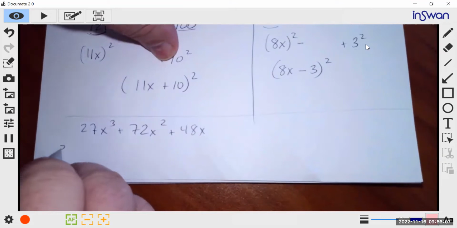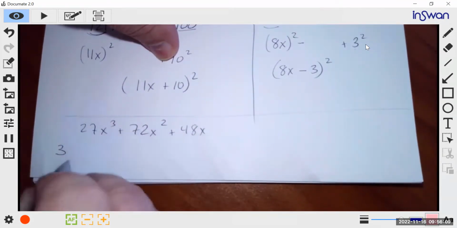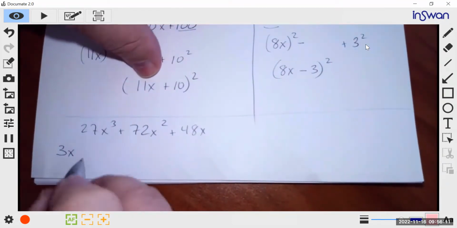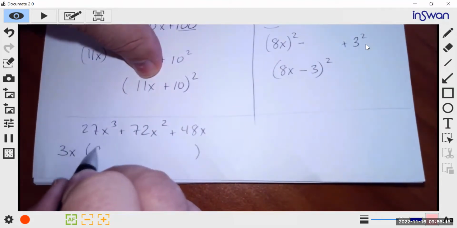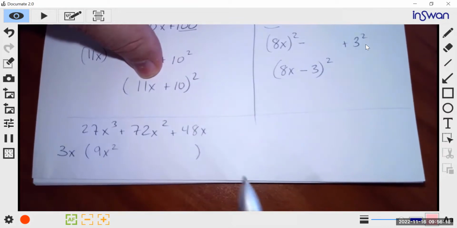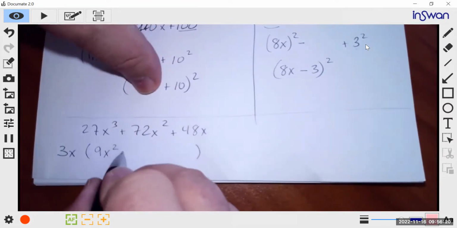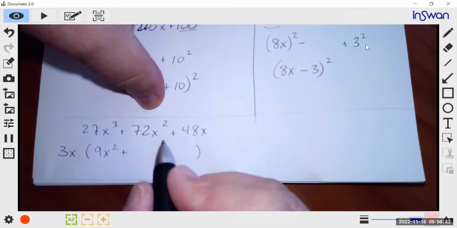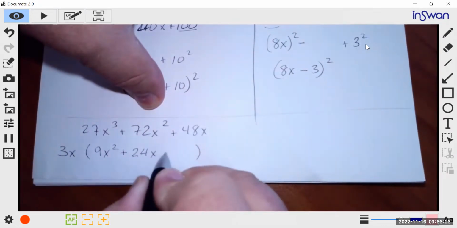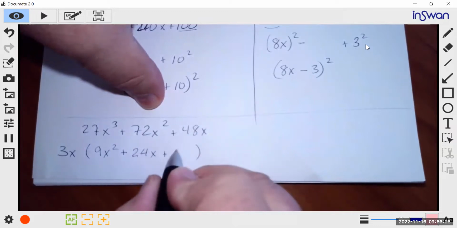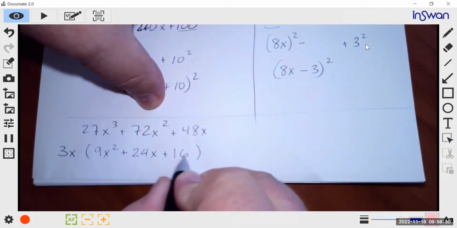We can factor out a 3. And they each have an x. So if we take out a 3x, 27 divided by 3 is 9, lose an x. 72 divided by 3 is 24x. 48 divided by 3 is 16. And the x's are gone.